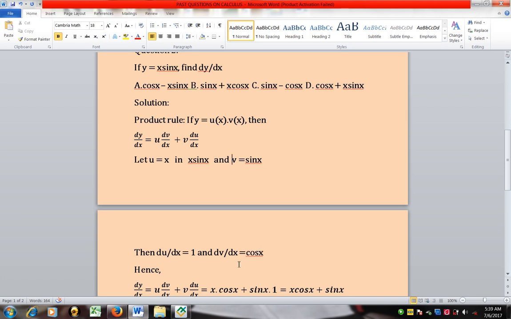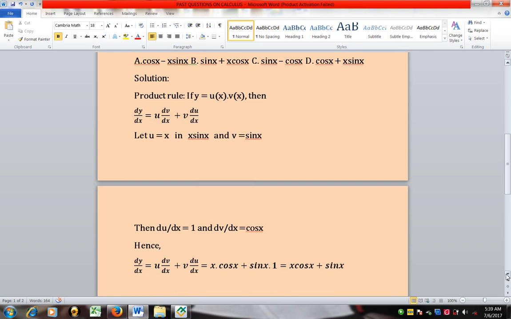So put these values into the formula for each symbol. Now instead of writing u dv/dx plus v du/dx, write u, which is x, times cos x. Cos x is standing for dv/dx, then plus v.